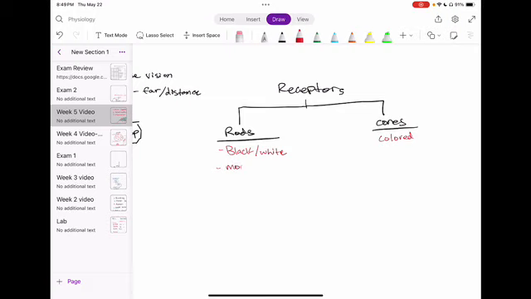There are more rods in the eye than there are cones, but cones are your higher definition vision. That's how you see things in greater detail. This is more just general vision.